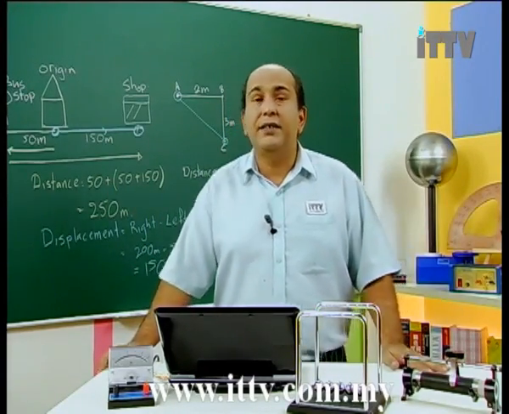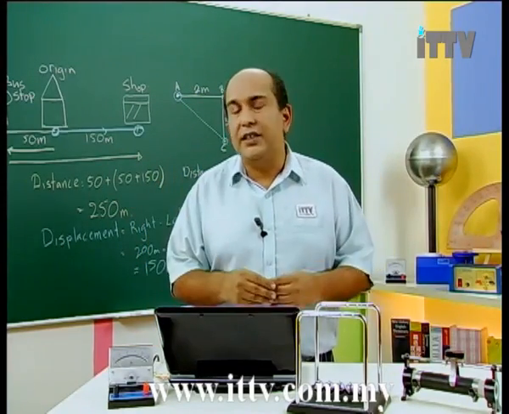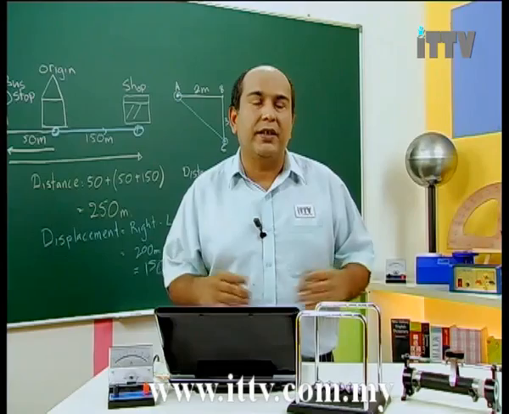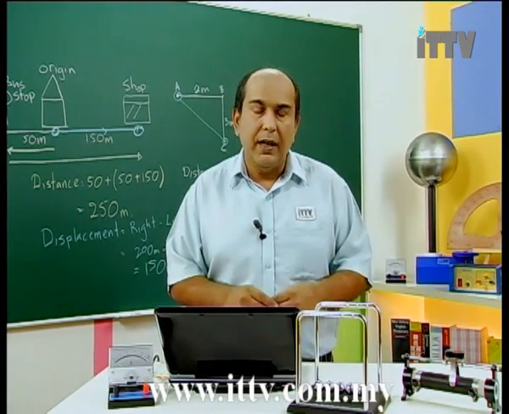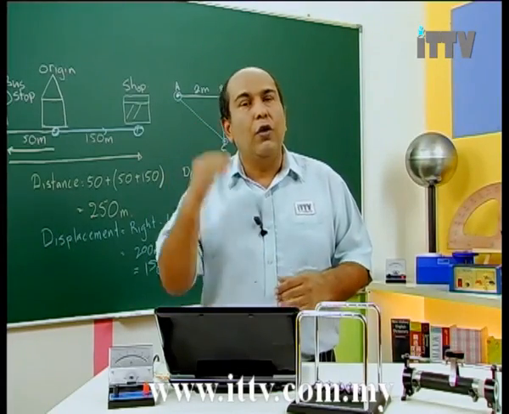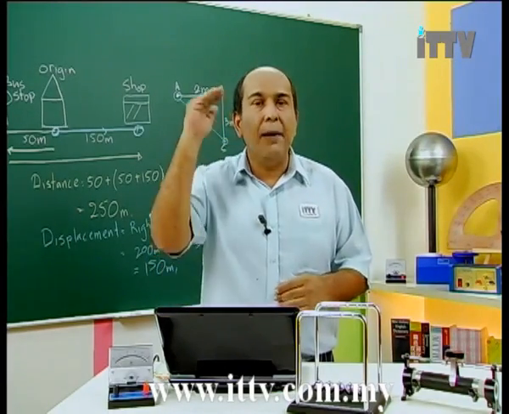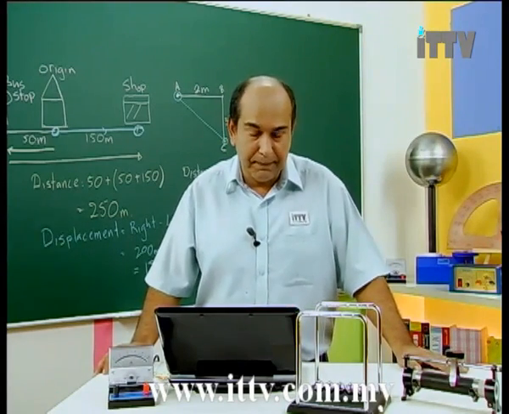The formula is displacement over time. Because we're using displacement, which is a vector quantity, velocity becomes a vector quantity. The SI unit is displacement, meters, over time, seconds. M over s gives us ms^-1.